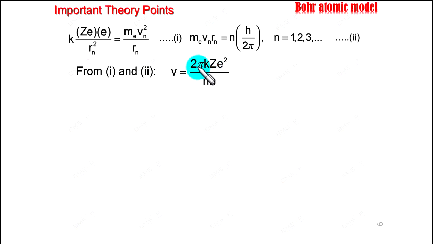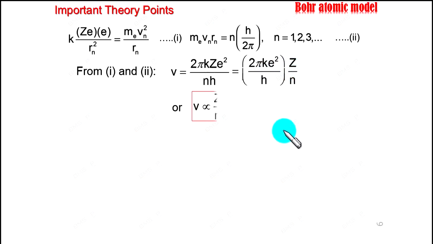And here we can observe 2 pi is constant, k is also constant, e square is also constant and h is also constant. That means we can write like this, that is 2 pi k e square divided by h times Z divided by n. That means velocity of the orbiting electron in nth orbit is directly proportional to Z divided by n, right. This is for the velocity.